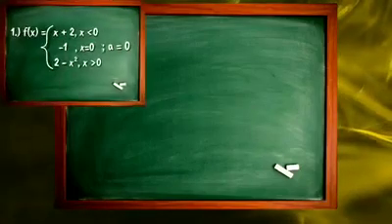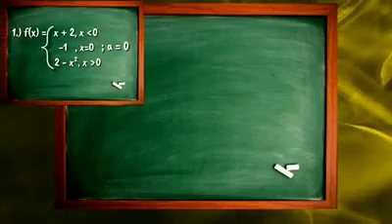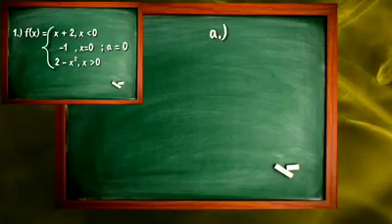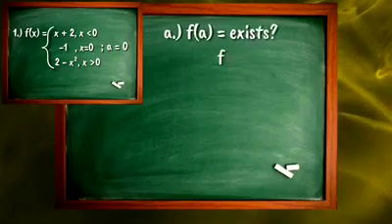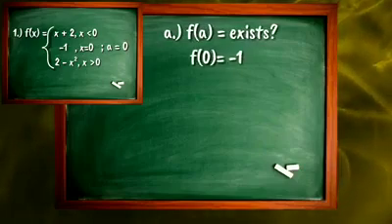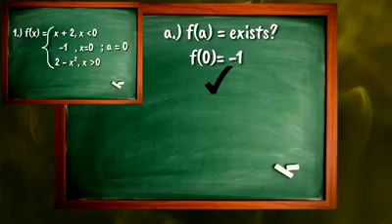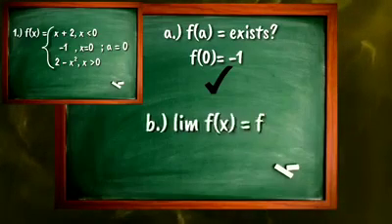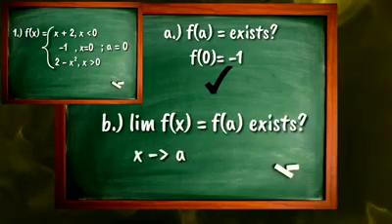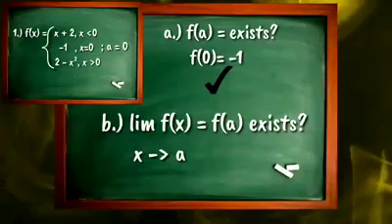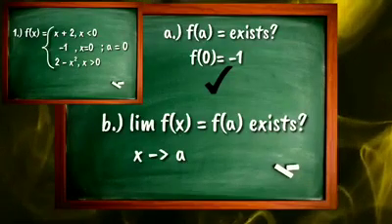Letter A. Since the value of a is equal to 0, and negative 1 is the value when x is equal to 0, f of a is equal to negative 1. Letter B. Does the limit of f of x as x approaches a exist?